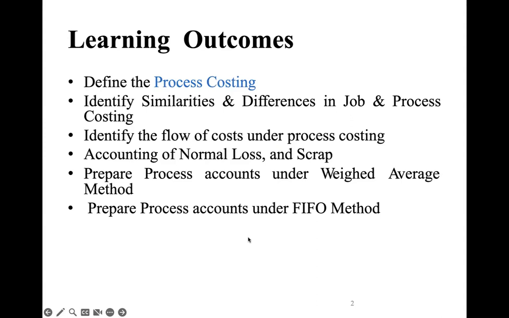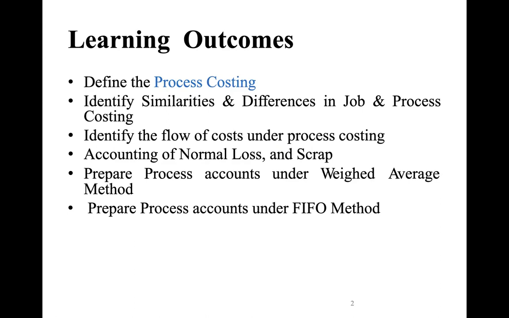Right, moving on. These are the learning outcomes. You should be able to define process costing, then identify similarities and differences in job and process costing, then identify the flow of costs under process costing.